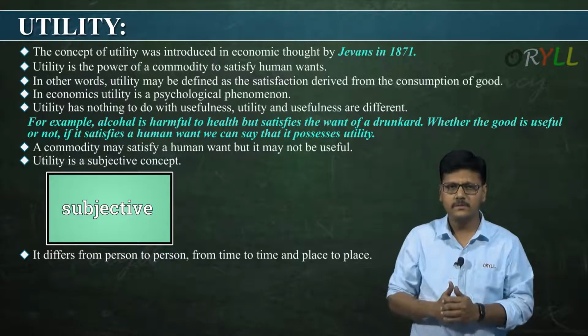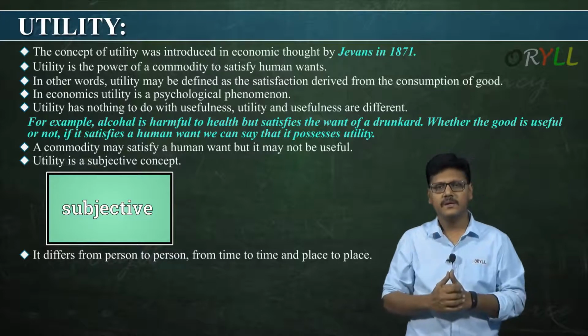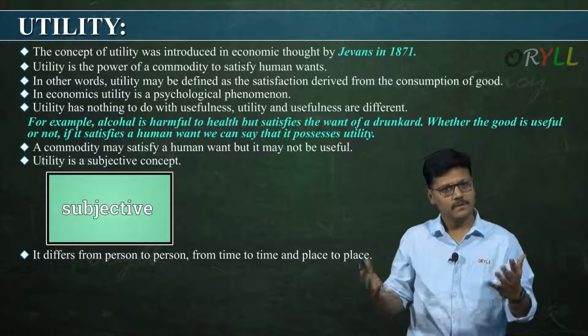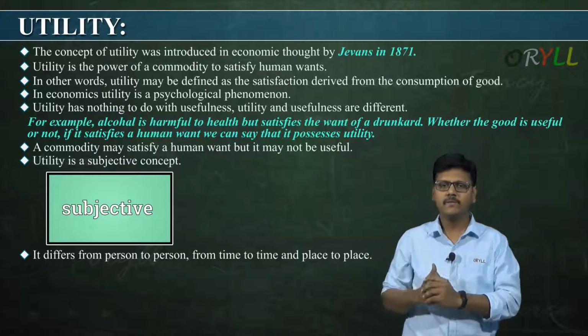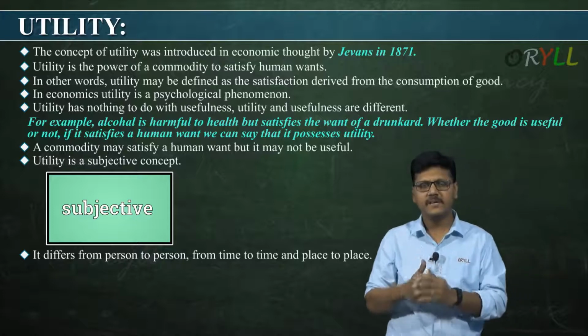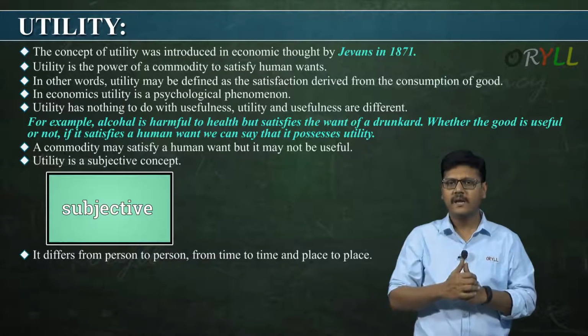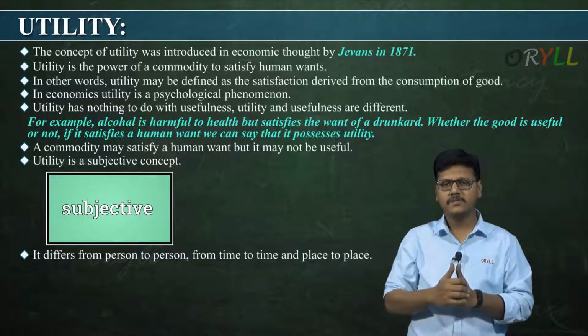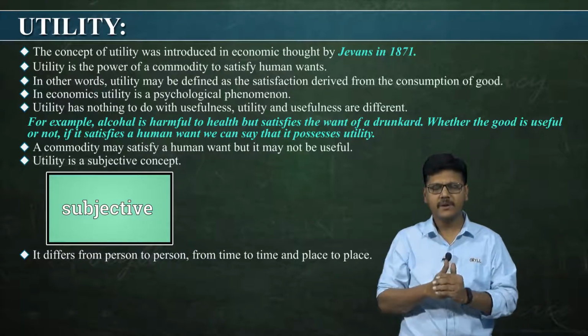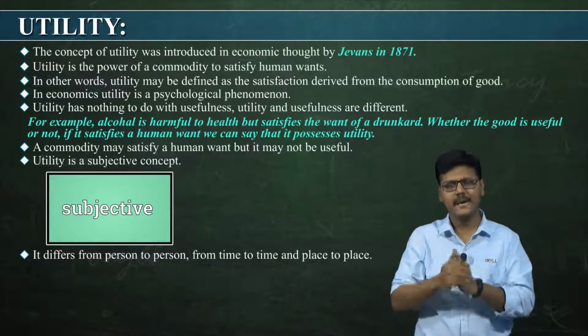For some other person, pizza may be a favorite snack, and I like to have Coca-Cola while another may have Pepsi. So, my satisfaction from a burger is different from another person's, and for other persons the satisfaction levels are different. That is why it differs from person to person.